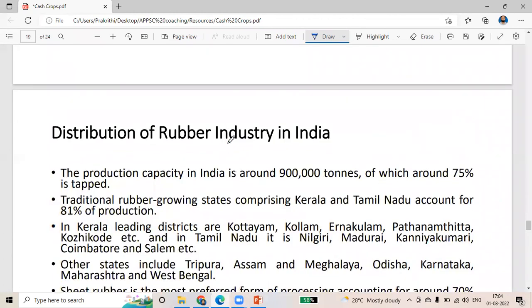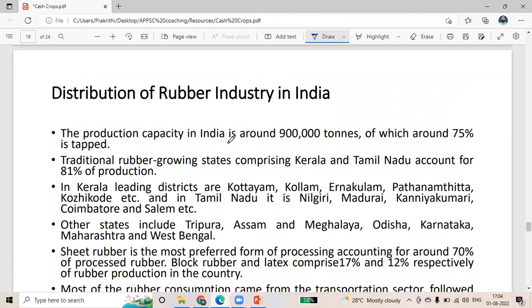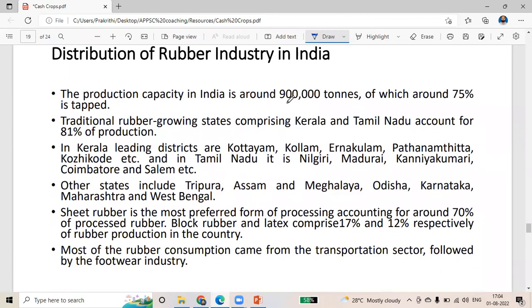Let's see the distribution of the rubber industry. The production capacity in India is 9 lakh tons, which is about 75%, as I said. Traditionally, rubber is mainly grown in Kerala and Tamil Nadu. These 2 states have the maximum rubber production, almost 81% of the total.